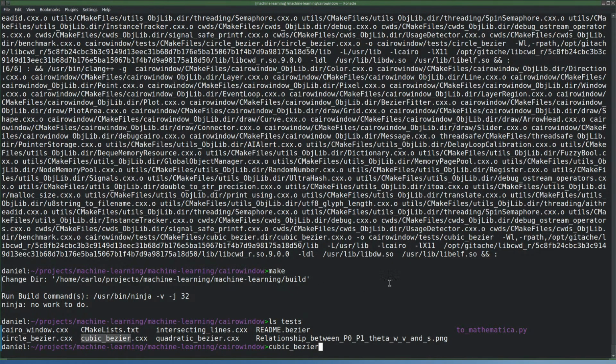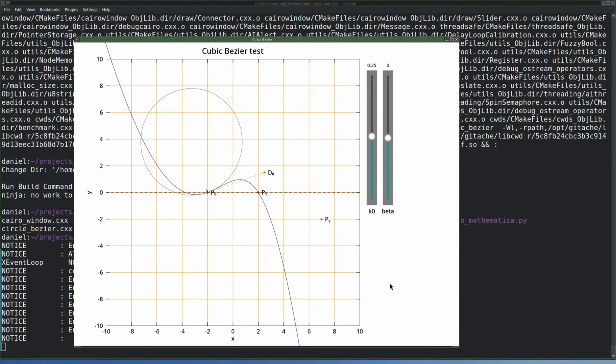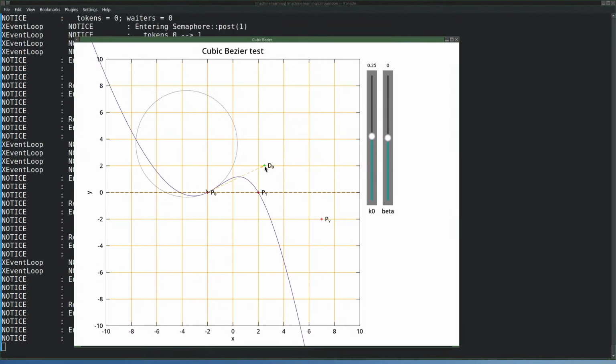Okay, Kotaro, look at this. What this is doing is fitting a cubic Bezier curve through the start point and the end point, and of course having the same derivative as the previous one, so I can just change the derivative here.